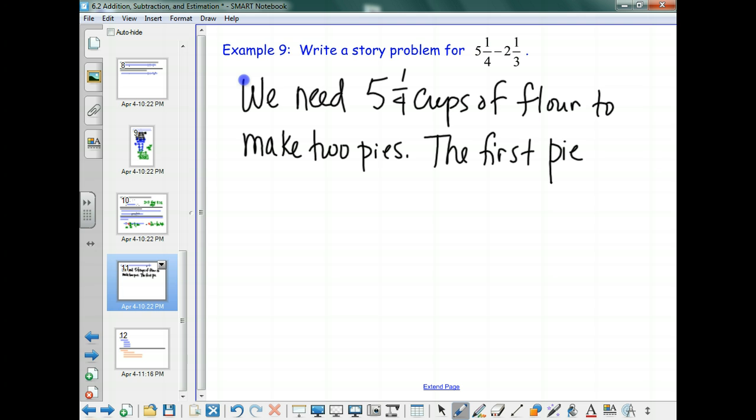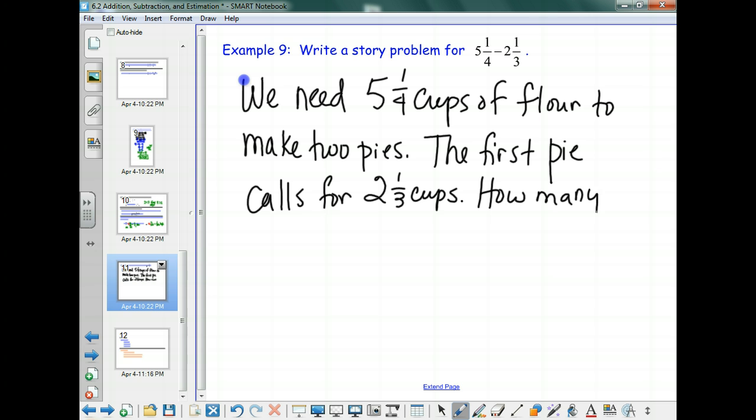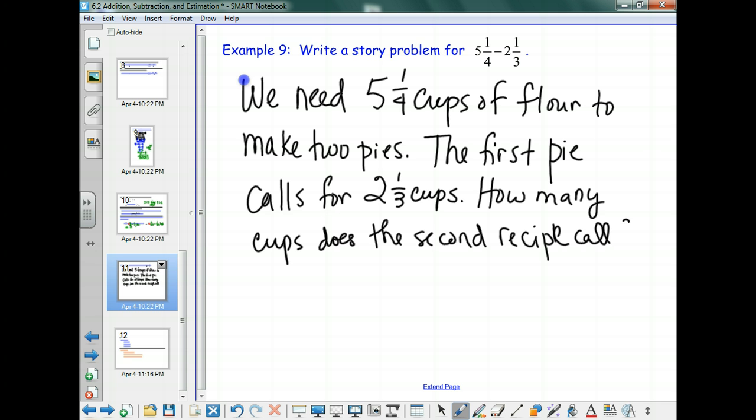That's what's going on. So the first pie, I'll use the words you did, calls for 2 1/3 cups. Now what? Good. How many cups does the second recipe call for?